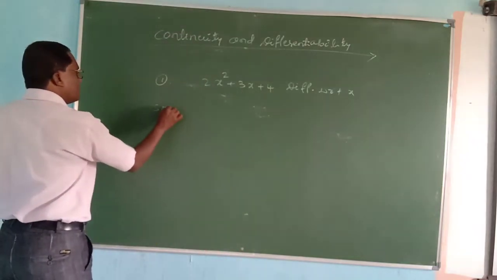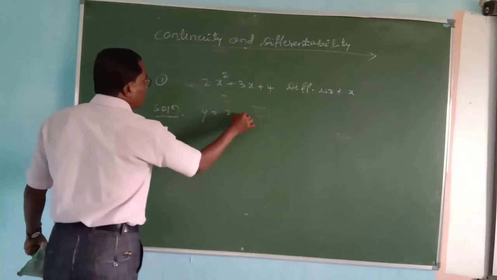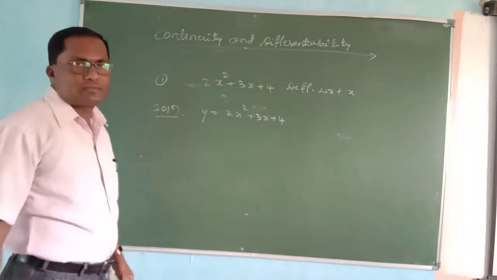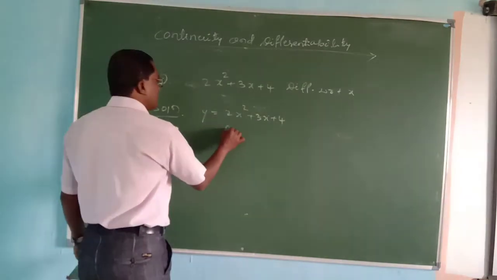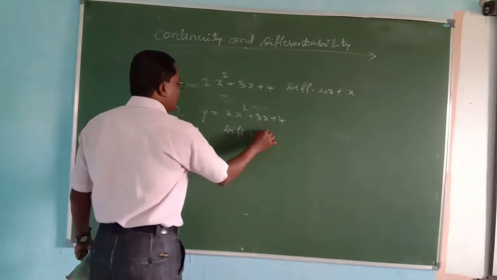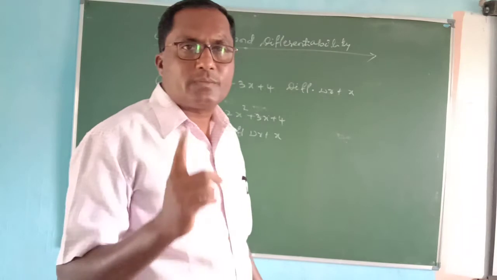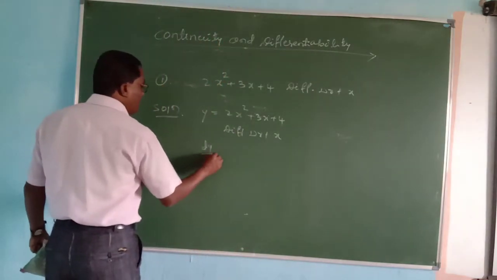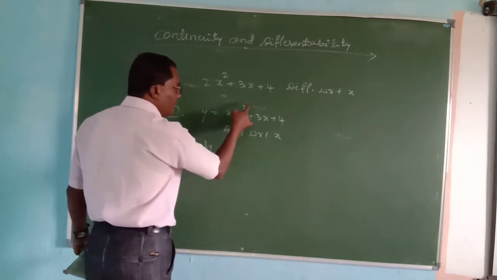Just see. Solution. First take y is equal to 2x square plus 3x plus 4. Differentiate with respect to x. So this is dy by dx is equal to 2 into the differentiation of x square.